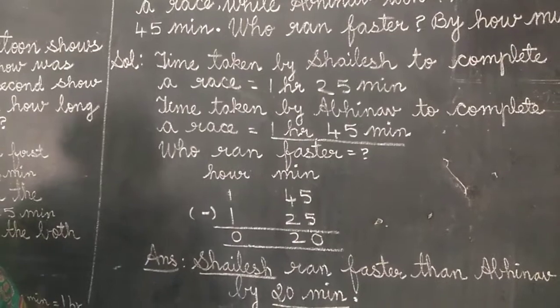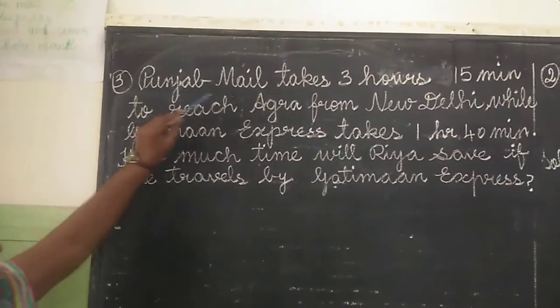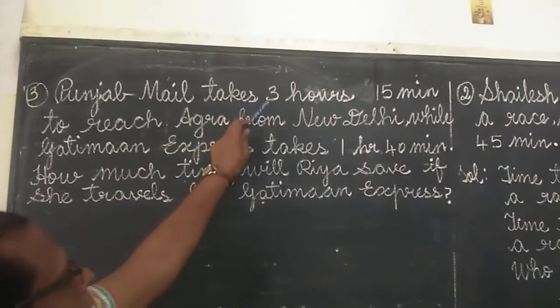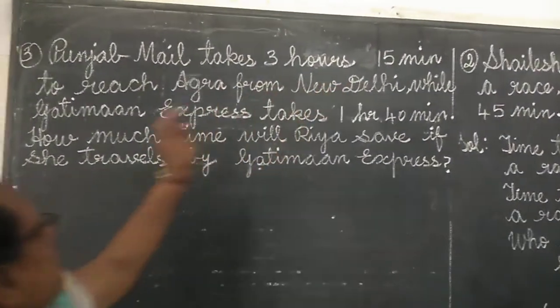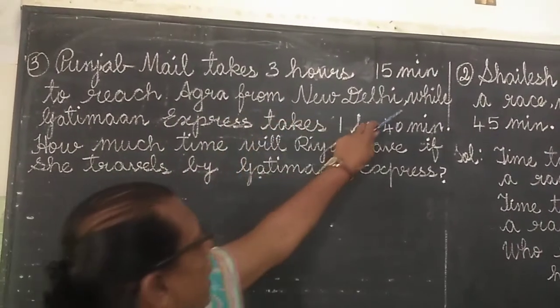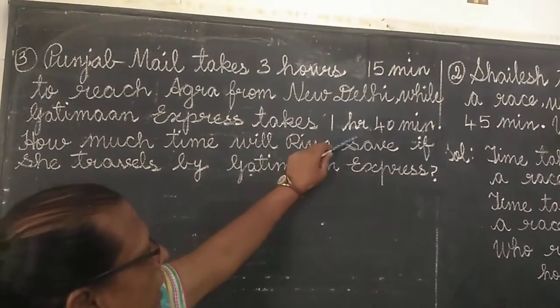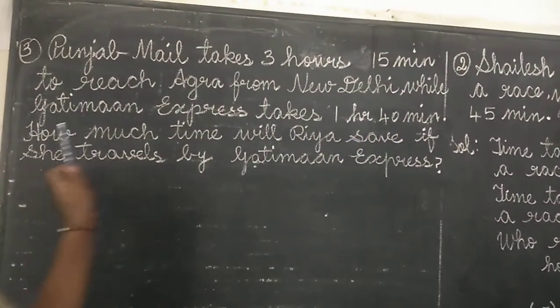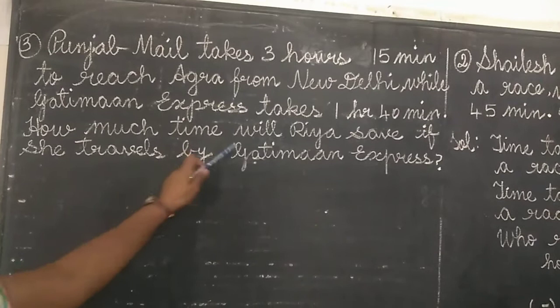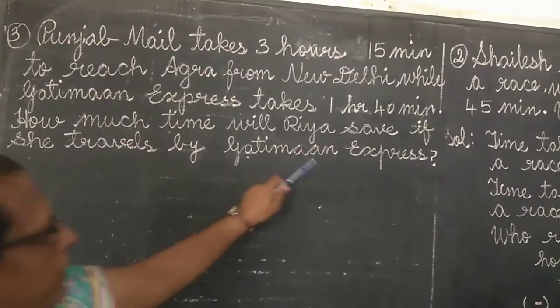We'll see the third sum. Okay children, third sum. Punjab Mail takes 3 hours 15 minutes to reach Agra from New Delhi, while Gatiman Express takes 1 hour 40 minutes. How much time will Riya save if she travels by Gatiman Express?